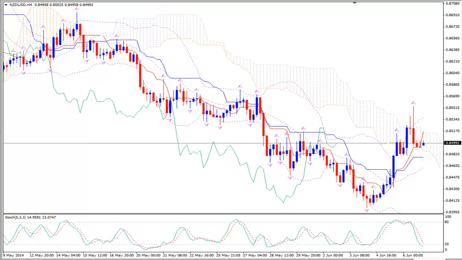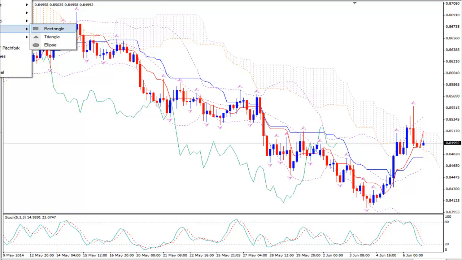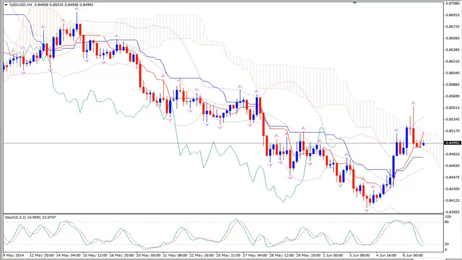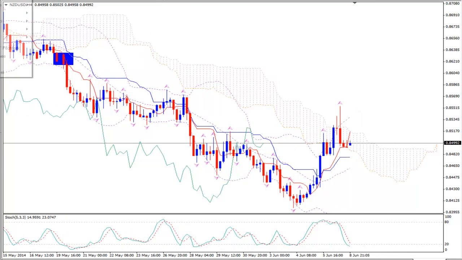Here we could have entered at a bearish Kumo Breakout. Let me insert a shape just to give you an idea. A bearish Kumo Breakout here, and we could have exited that trade when a bullish Kumo Breakout happens up here.